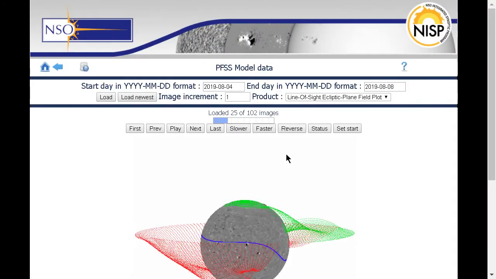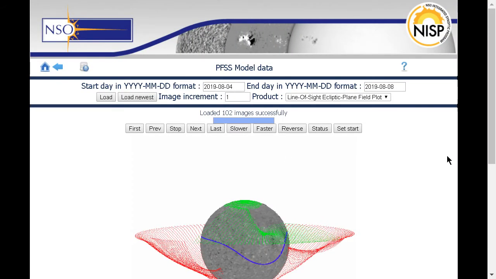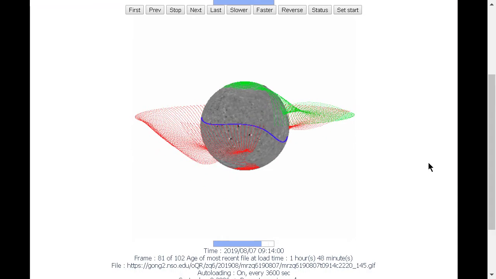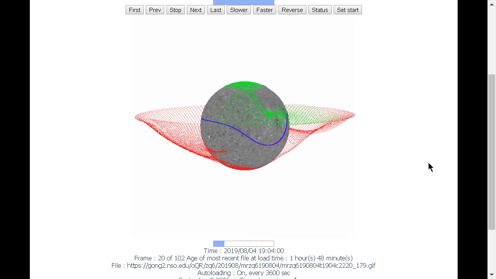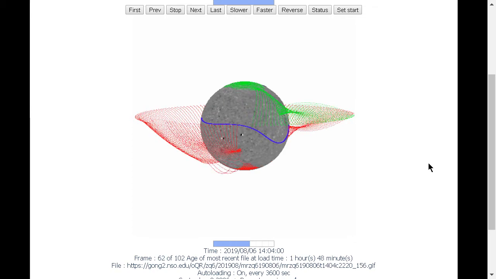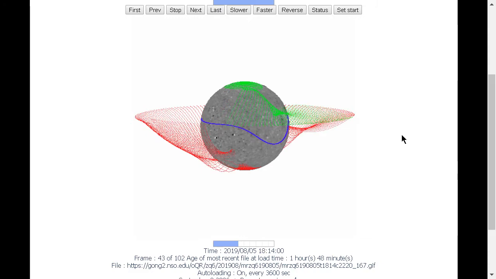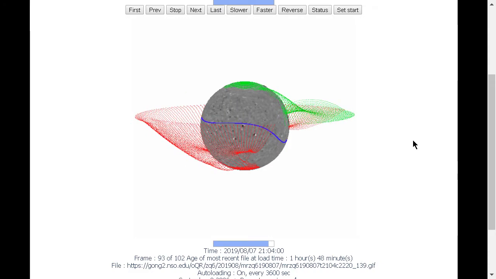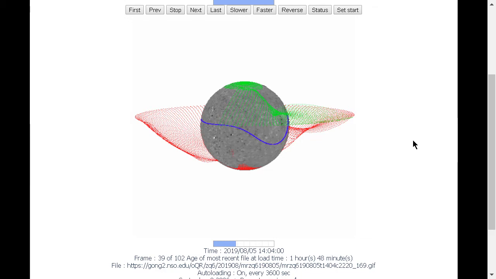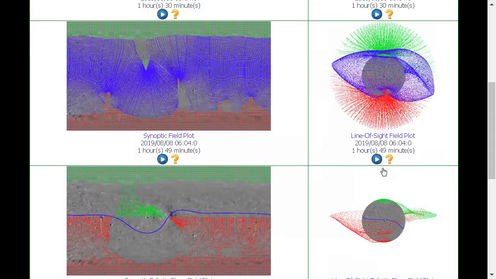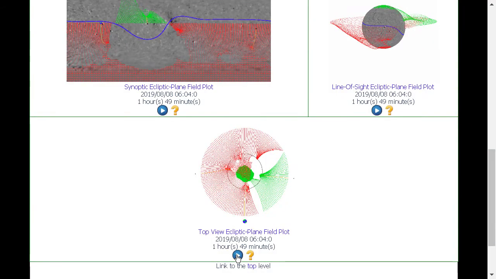Let's show you the line of sight ecliptic plane field plot here on the GONG 2 data. That blue line is the average, the B field essentially. And you can see it's being pulled around by that activity there. And we'll show you the line of sight, the top view in a moment. So there's that. And let's go back to the top view that we typically show on the channel.